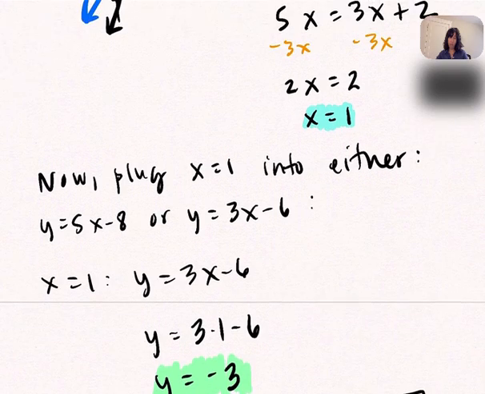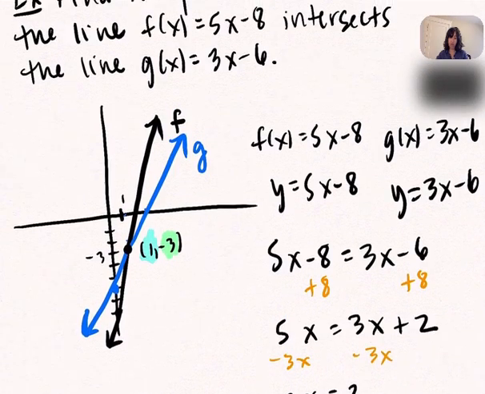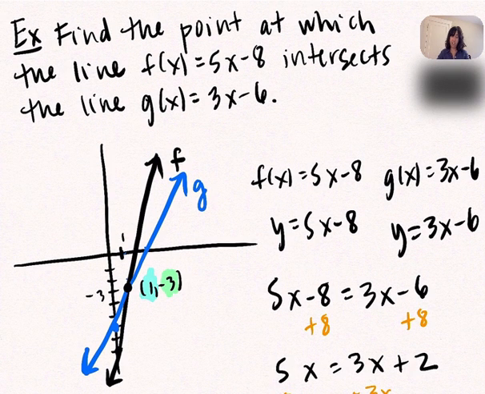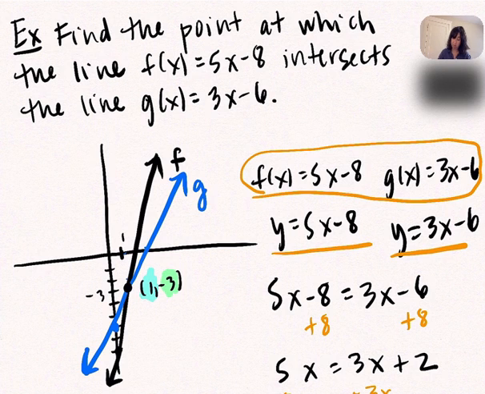So if you don't want to graph your two lines to find out where they intersect, you can take a system of equations, or the two line equations, and if they're both in y equals form, you can set them equal to each other.